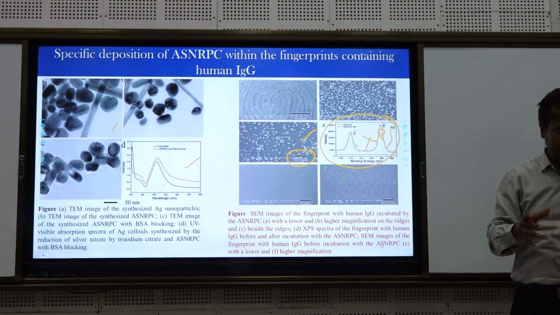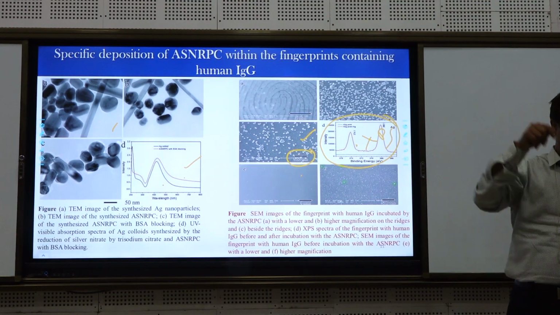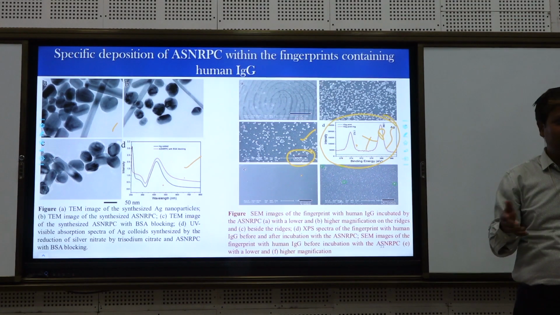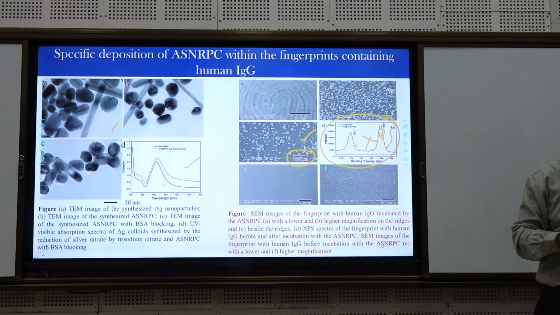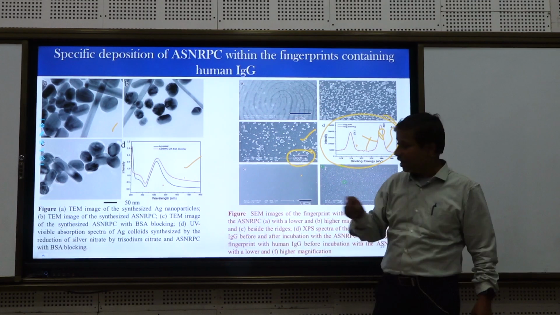With an optical microscope, your limitation is the light you are using. If you are using red light, maybe 800, half of that, 400 nanometer, you can see. But with an electron microscope you can see even nanometers.